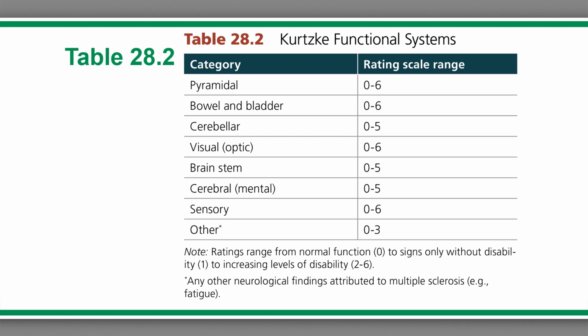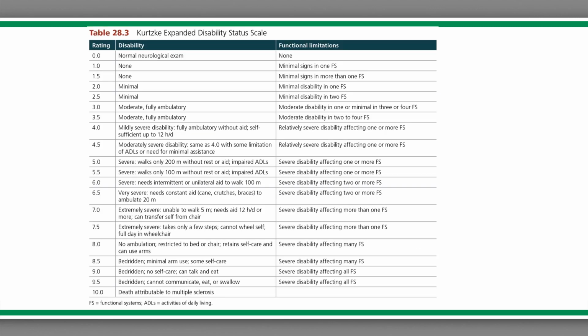Pyramidal are going to be your skeletal muscle, motor functions, and then the non-skeletal muscle, the autonomic, is going to be the non-pyramidal. If you'd like to take a look at that, that's there for you for review in the readings component in Module 4.